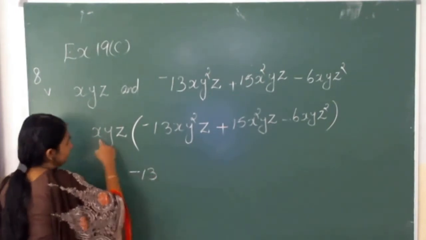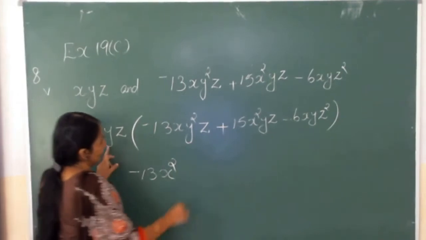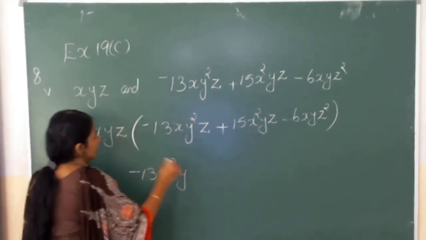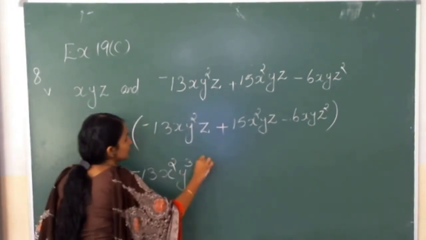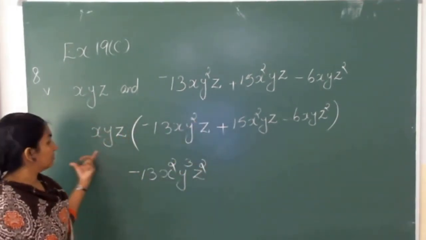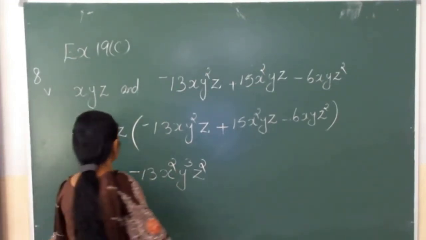Negative 13, x raised to 1 plus 1, 2, y raised to 2 plus 1, 3, z raised to 1 plus 1, 2. I am just neglecting one step in between, directly I am writing the answers.